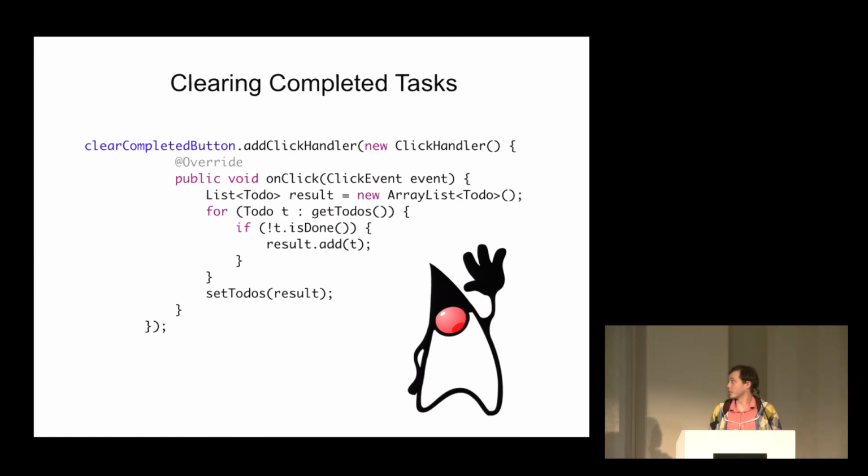So I will just recap basic features first. Just by using Xtend without powerful features, you could already improve readability of your code a lot. Here we have just a Java code snippet of a click handler which filters out a done task. And you need to spend some time reading it.